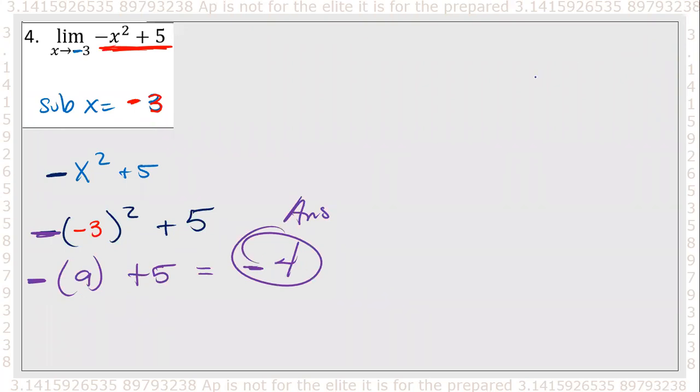Any questions on that? So I also saw the most common answer was 14. But remember that there was a negative on the outside, so that negative has to stay on the outside. So that 9 became a -9, plus 5 gives -4.